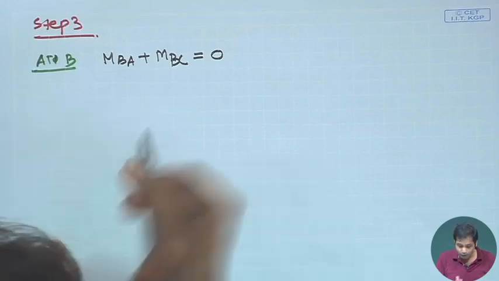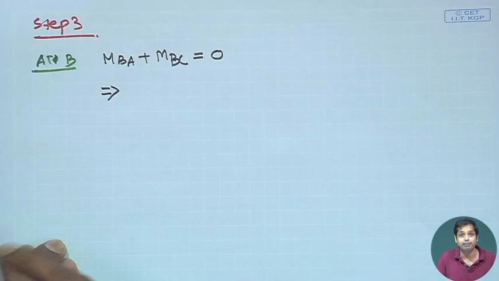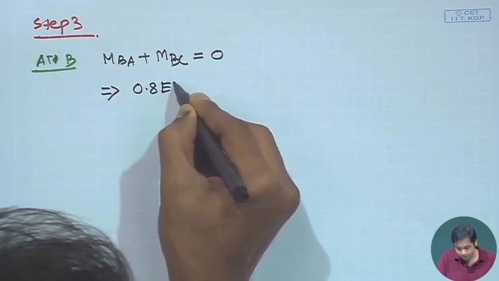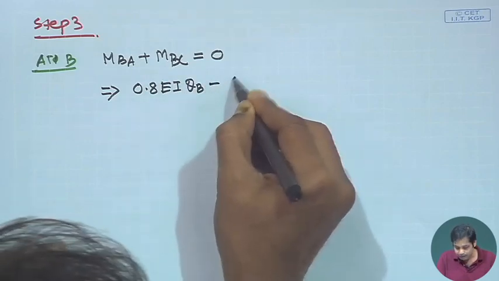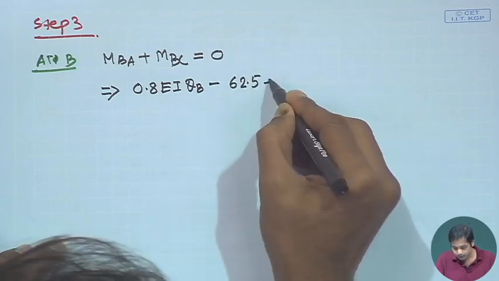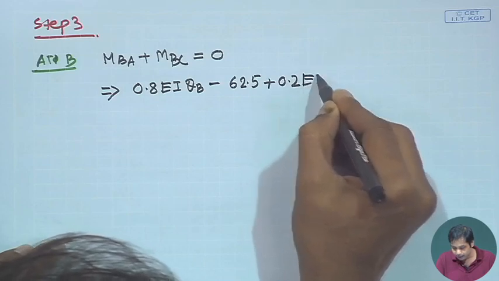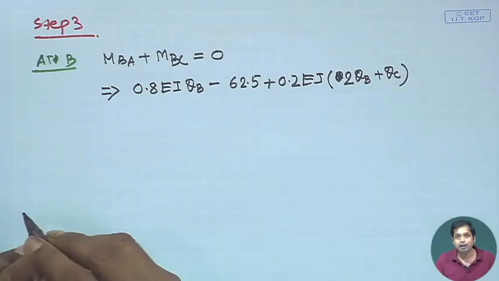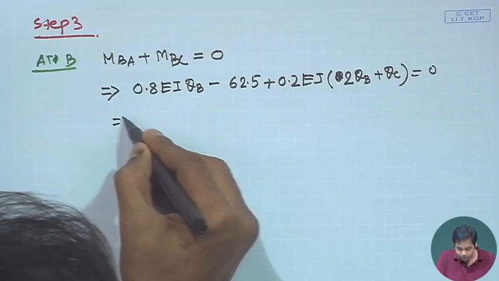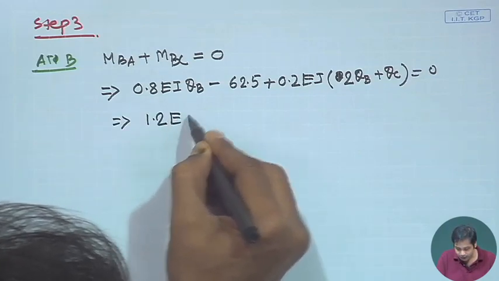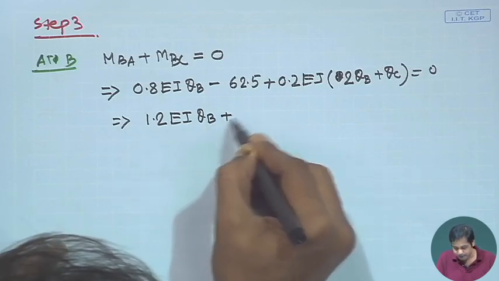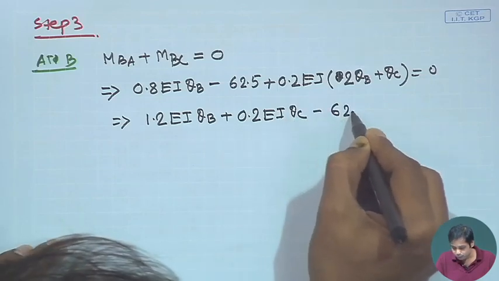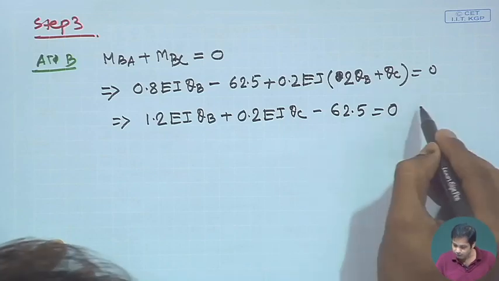Now, we have already obtained the expressions for MBA and MBC, and if you substitute that, this is 0.8 EI theta B minus 62.5 plus 0.2 EI into 2 theta B plus theta C, that is equal to 0, and finally, what you get is 1.2 EI theta B plus 0.2 EI theta C minus 62.5 is equal to 0. Please check these values. So, this is your equation number 1.